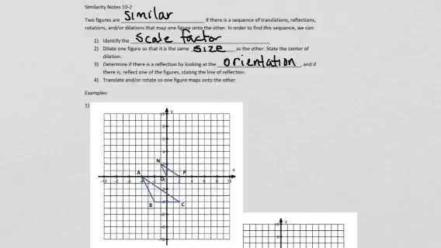I am going to tell you that triangle ABC is similar to, so the symbol for similarity is just one little squiggle like that, triangle NOP.